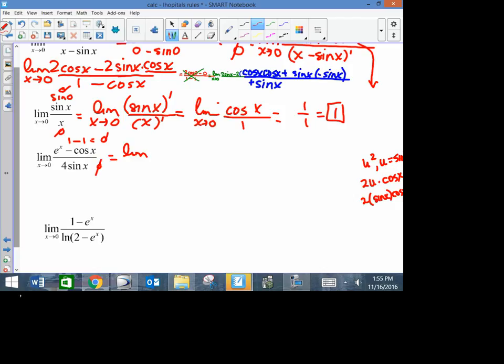Here we go. I'm not going to write out the derivative, I'm just going to find the derivative. Ready? What's the derivative of e to the x? And the derivative of minus cosine?